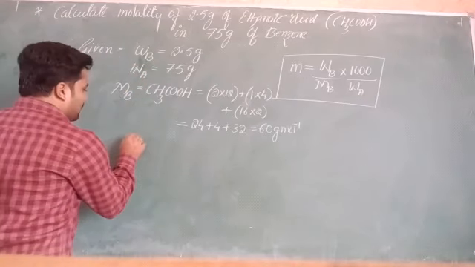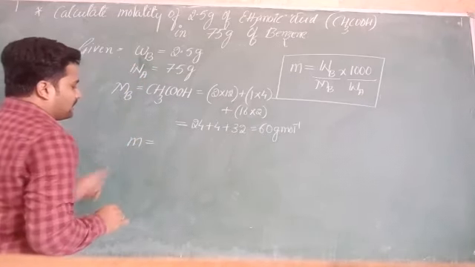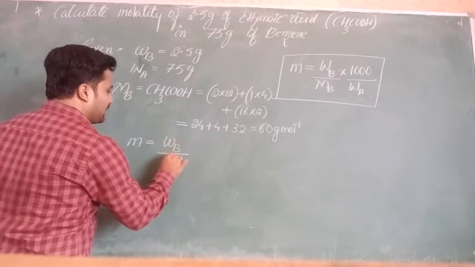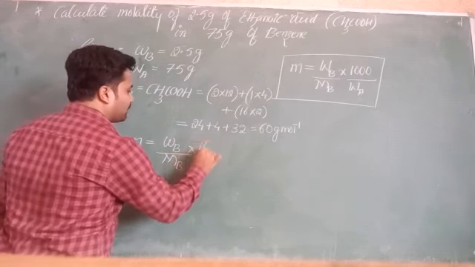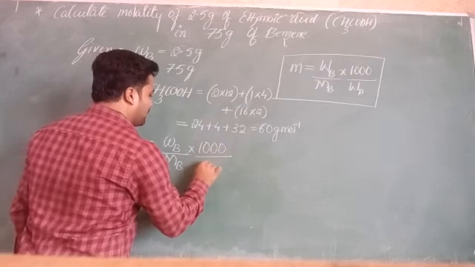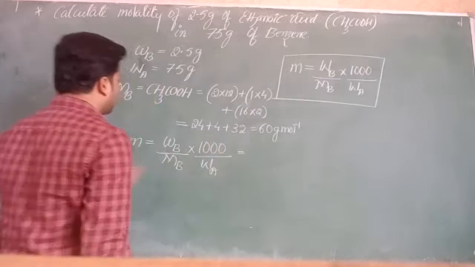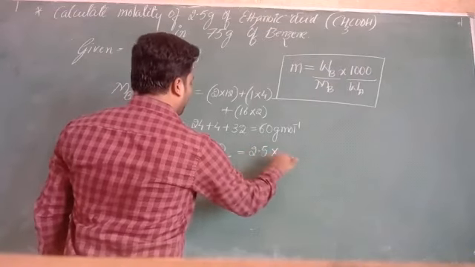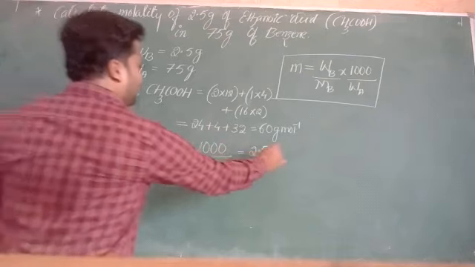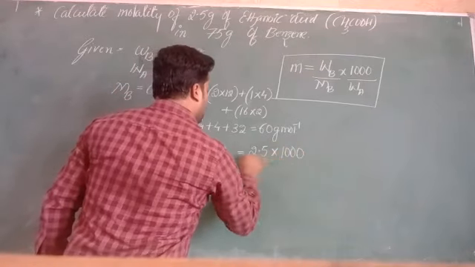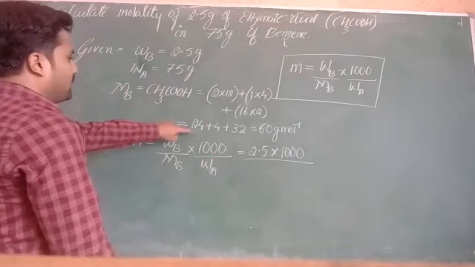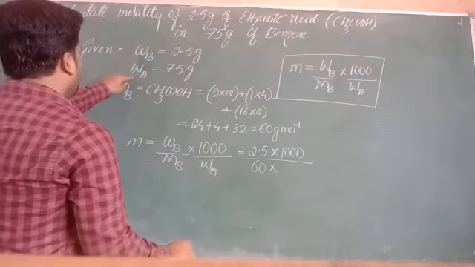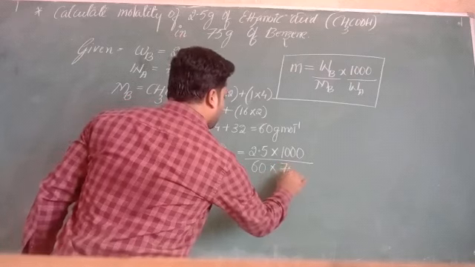Now we calculate by substituting in the formula, that is molality is equal to Wb by Mb into 1000 divided by Wa in grams. So here Wb is 2.5 into 1000 divided by Mb, it is 60, and Wa it is 75, right?